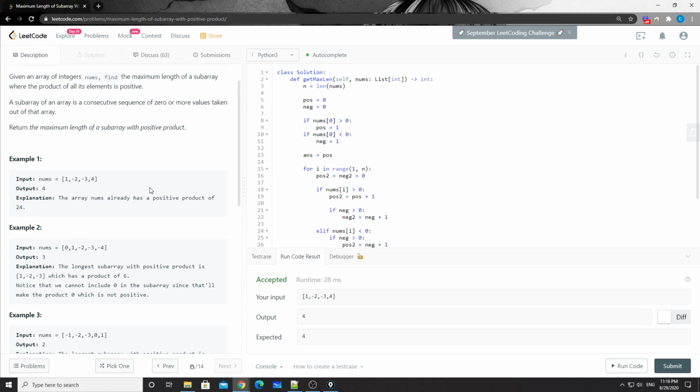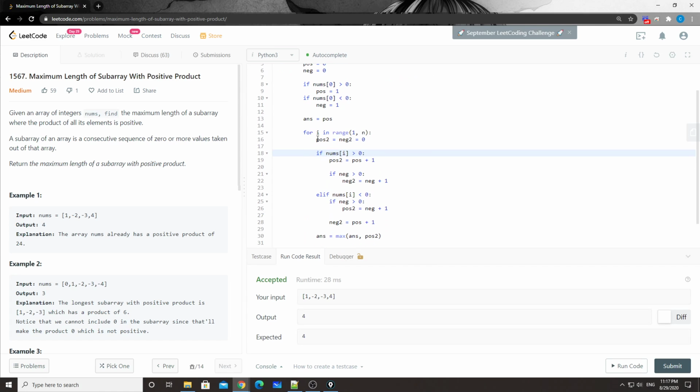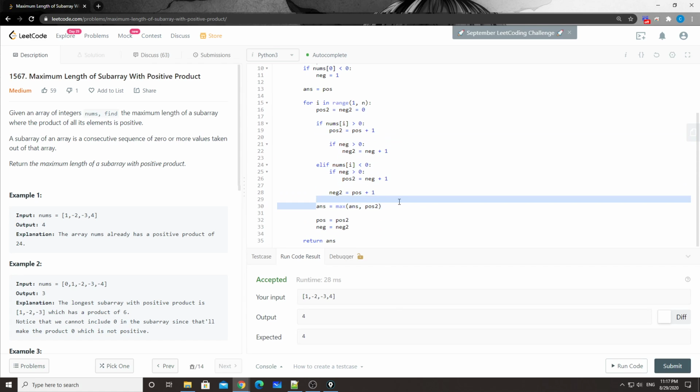But the tricky part is you have to figure out the correct direction to solve this problem, which in my opinion is dynamic programming. Because the current position depends on the previous positive length and the previous negative length, and depending on whether the current number is positive or negative, we need to update those lengths accordingly, and also maintain the answer along the way.